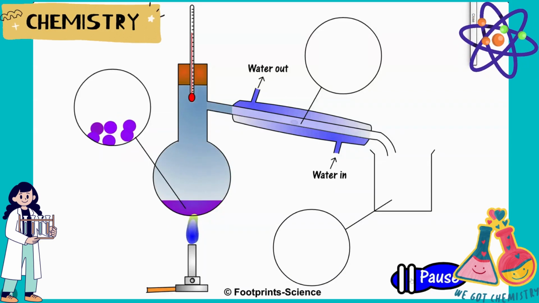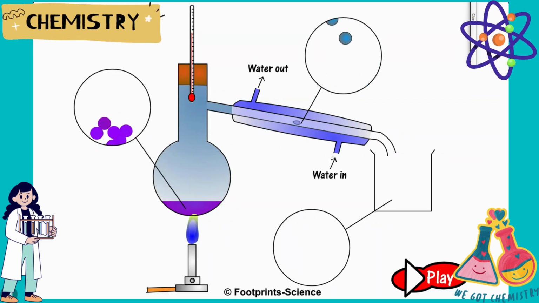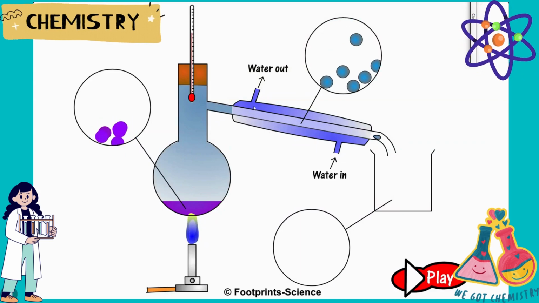We have one more piece of equipment here. This is called a condenser. The condenser has a part which circulates cold water inside. This is where cold water from outside will enter, and it will go around, and here it will go out, so that new cold water can go in and this one goes out.